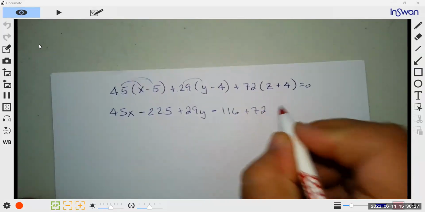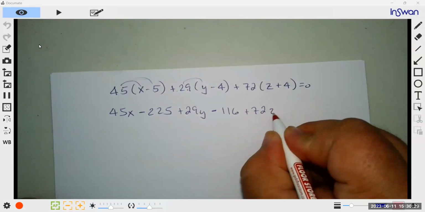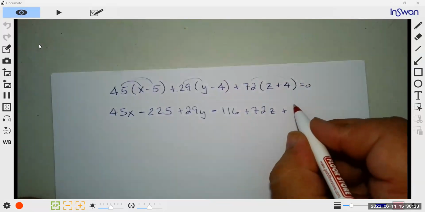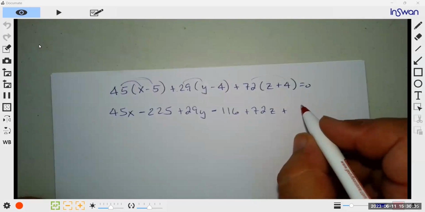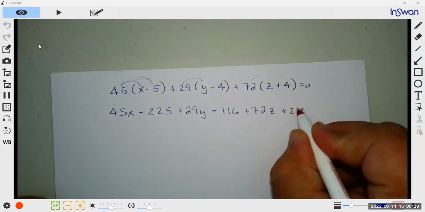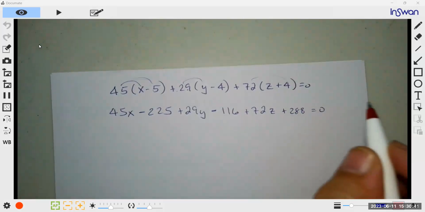Positive 72z. 72 times 4 is 288, equals 0.